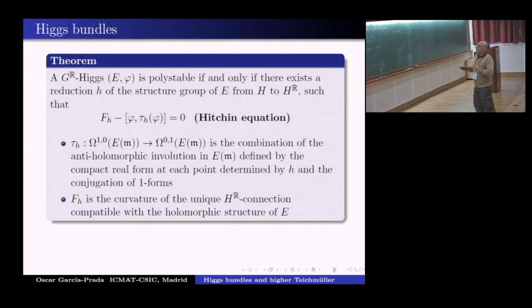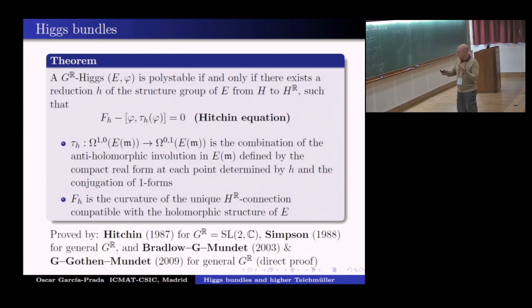And so the theorem says that the G_R-Higgs bundle is polystable if and only if there exists a reduction of the structure group satisfying this equation. So that's how polystability appears, right? And if for that reduction the connection is irreducible, then that corresponds to the Higgs bundle being stable, okay?